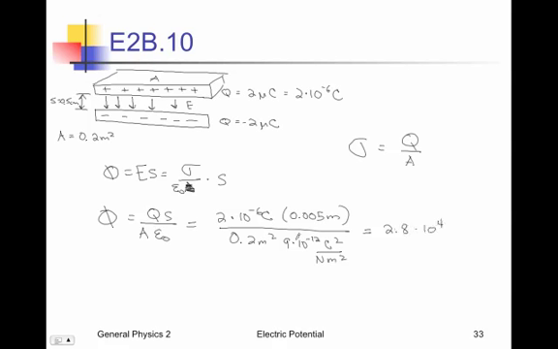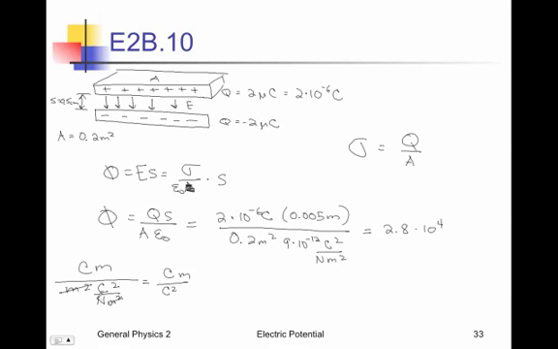And let's figure out our units. So our units, I have coulombs times meters divided by meter squared times coulomb squared over Newton meter squared. Okay, so now I can cross out my meter squared here with my meter squared here. And I'm left with coulombs times meters over coulomb squared here.